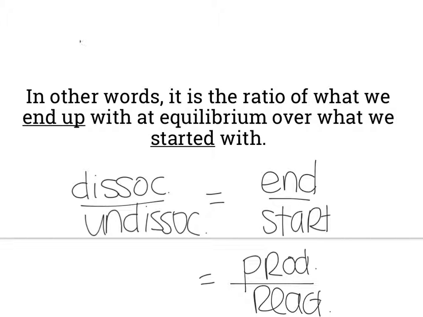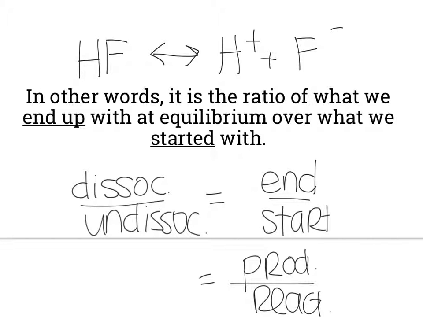This is like saying when HF dissociates into H plus and F minus, if we look at a solution of hydrofluoric acid, we're probably going to see some HF that just stayed together. We're also going to see some H and some F. So we're going to see both sides of this equation.